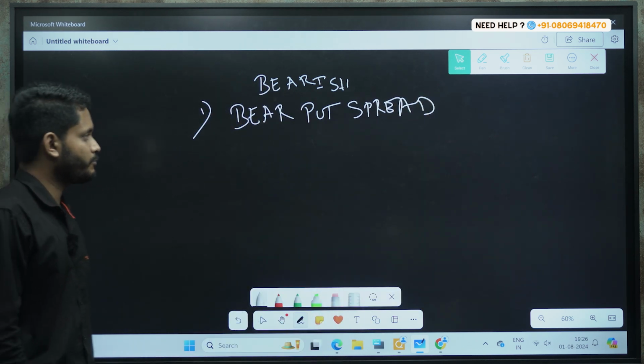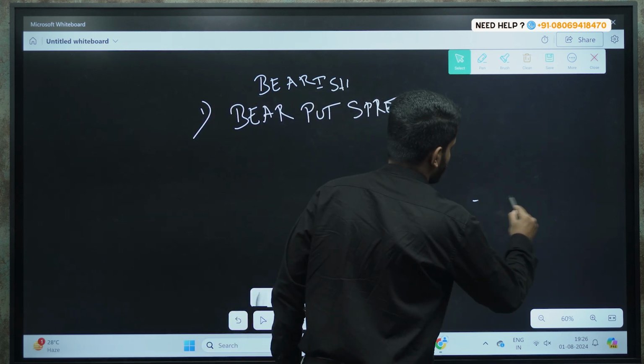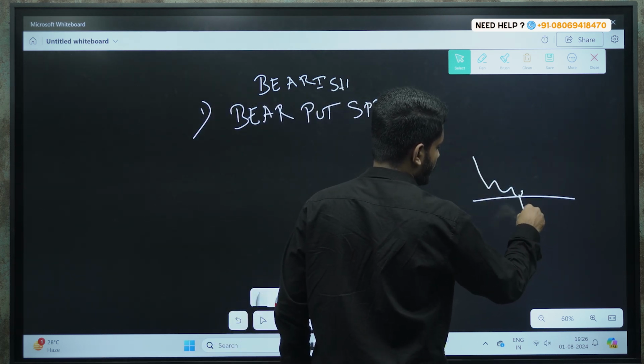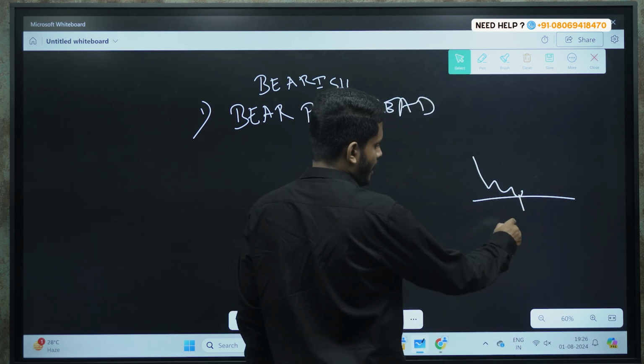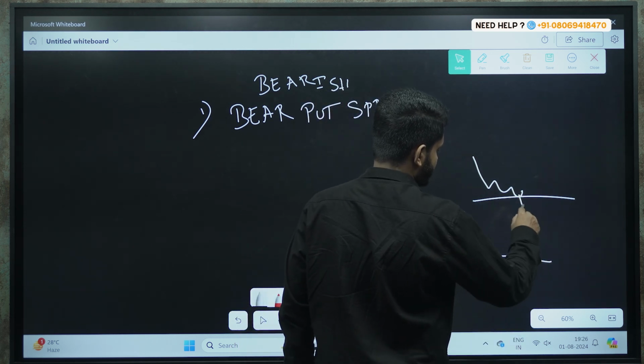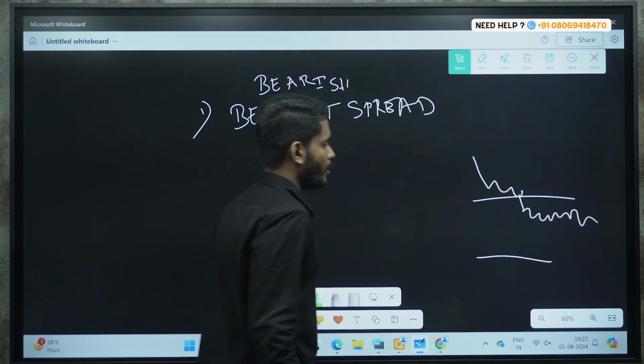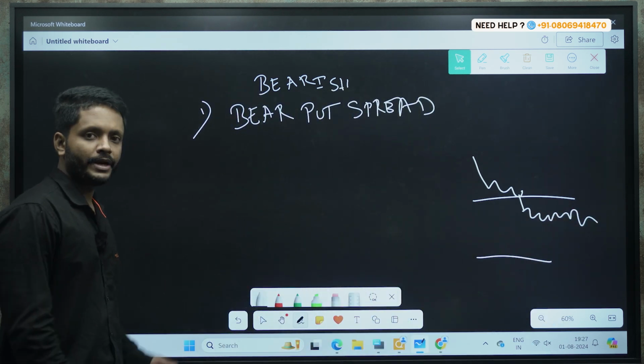Now what is bear put spread? Suppose this is the support level, a stock is trading here and the stock is going to break. The stock has broken this support level. Now my target is this, but instead of hitting this target, the stock stays sideways, sideways, sideways, and so on. Then what happens usually? Premium decay, correct?